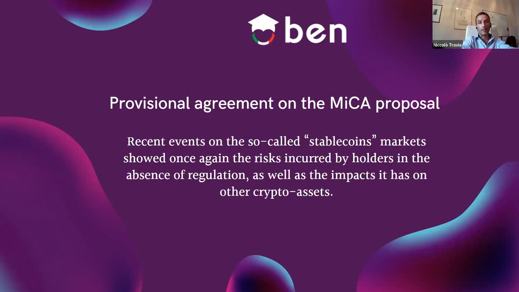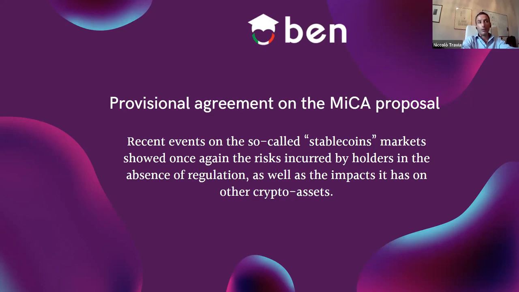And it's interesting to notice that following the Terra Luna collapse, both the UK legislator and the United States government announced that they are underway to promote legislative regulation about stablecoins in particular.